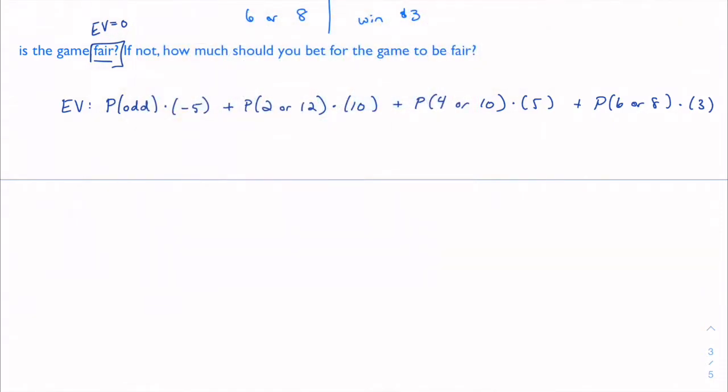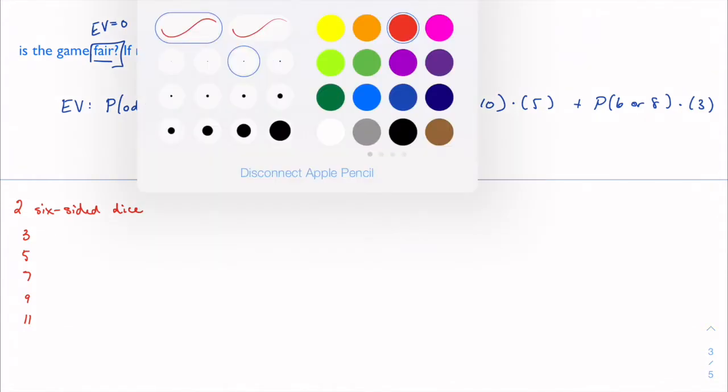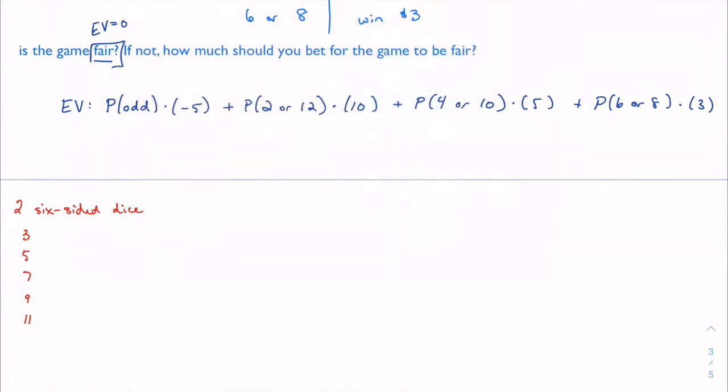The probability that I roll an odd number. So if I roll 2 6-sided dice, my odd outcomes are going to be 3, 5, 7, 9, and 11. Well, how many different ways can I make a 3? I can roll a 1 on the first die and a 2 on the second die, or I can do the opposite, right?